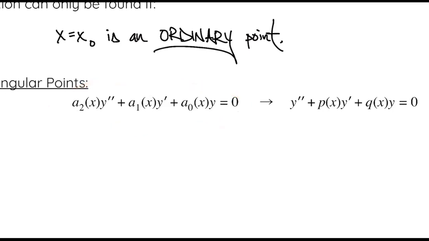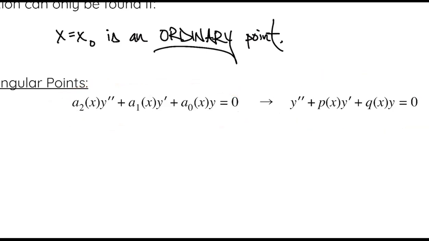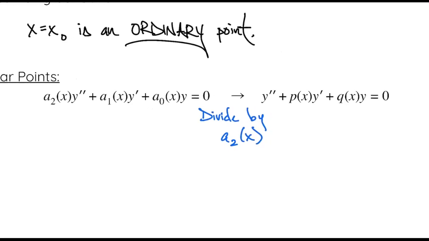And then in order to obtain what we call a more standard form, all we did was divide through by that first coefficient, a sub 2 of x. And so what that means is that p of x could also be written as a sub 1 of x over a sub 2 of x.